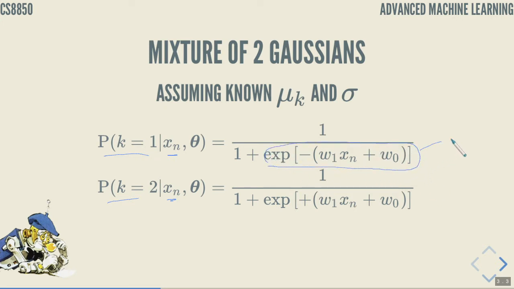denote this by, say, z and multiply this expression by 1, z over z, then what you will get is, well, let's denote this part by z.